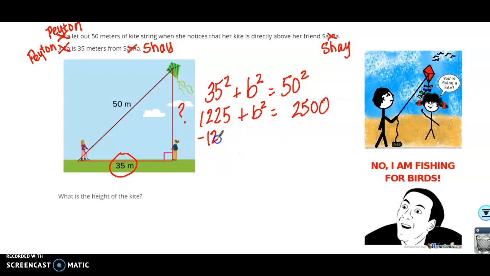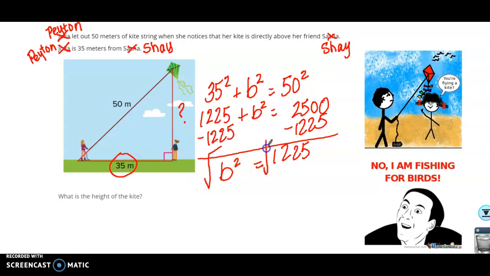And then we subtract 1225 from both sides to get b by itself, which gives us b squared equals 1225. And then all that's left for you to do is that last step where you take the square root of both sides. And are you flying a kite? No, I'm fishing for birds.